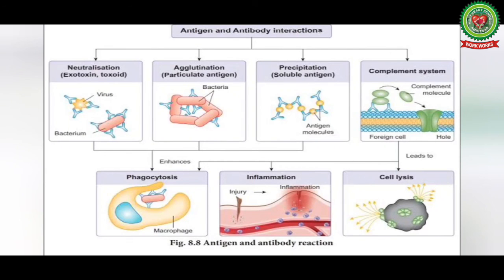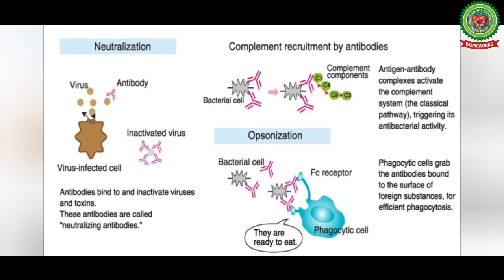So ultimately, all these interactions could be precipitation or the complement system. In the complement system, it leads to phagocytosis, inflammation, and even causes cell lysis. So here in this, opsonization is there. Antigen-antibody complexes activate the complement system and trigger its antibacterial activity.